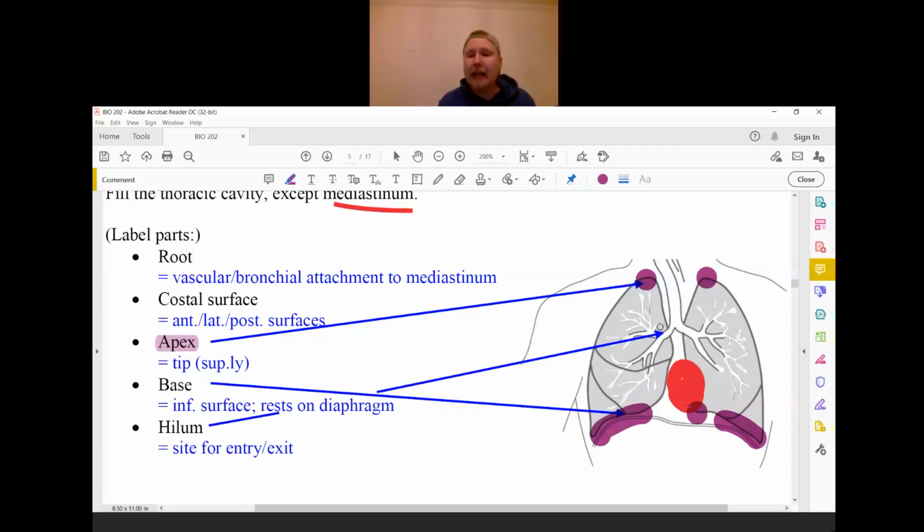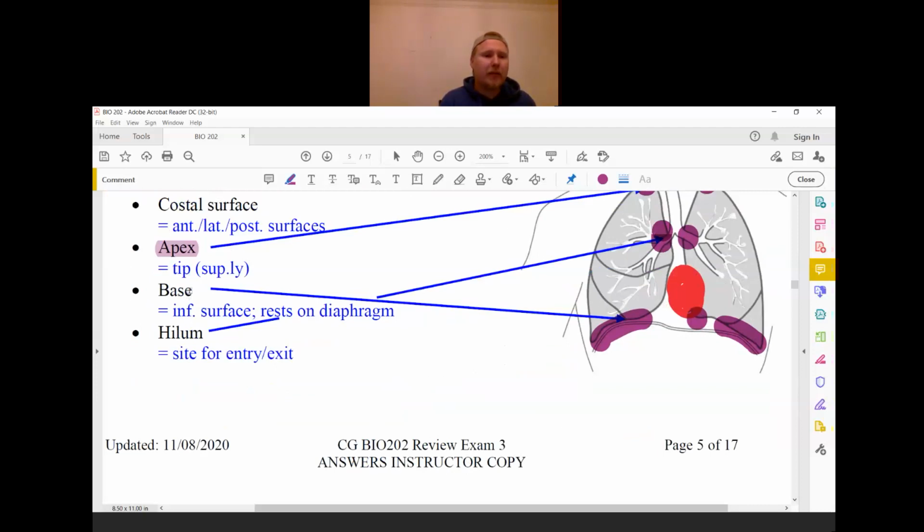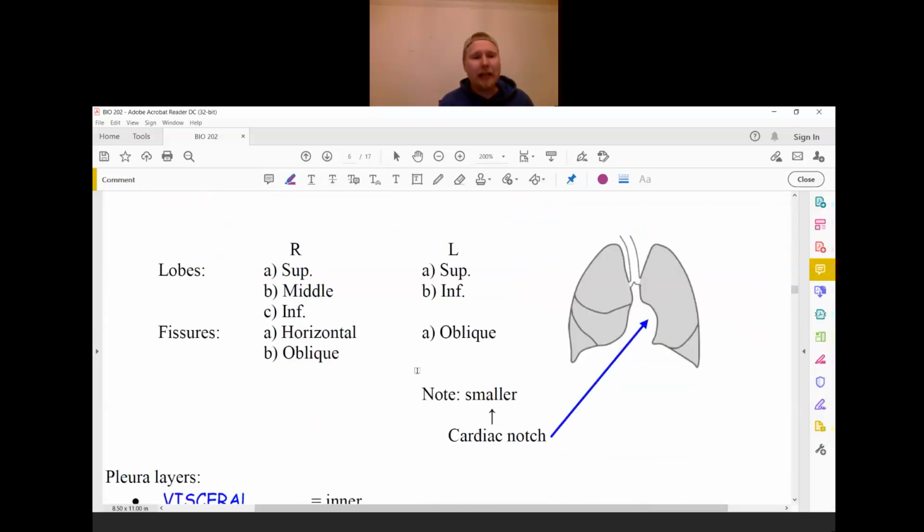And the term hilum we have already seen as the point where we are entering the lungs with the primary bronchi. So those would be some of the very good ones to be familiar with. Let's continue our discussion about the lungs, and I want to highlight a couple of things there.